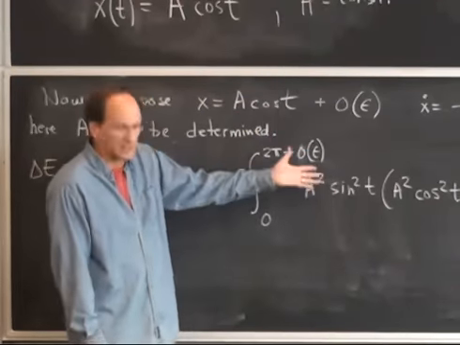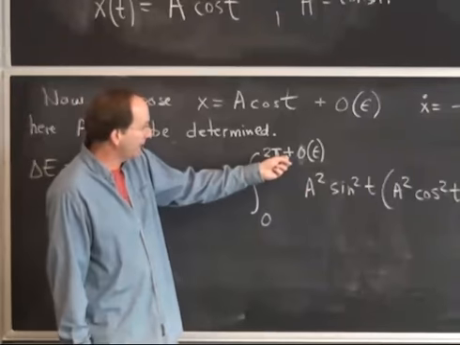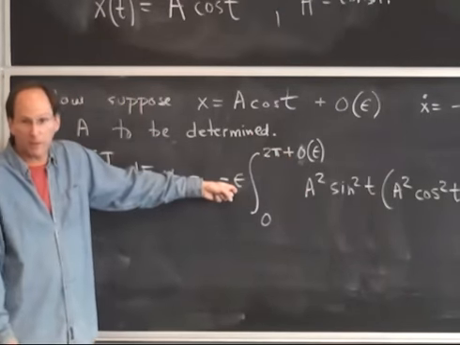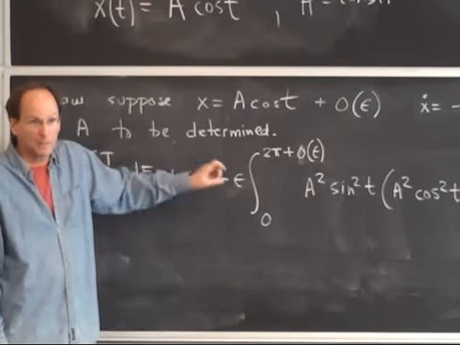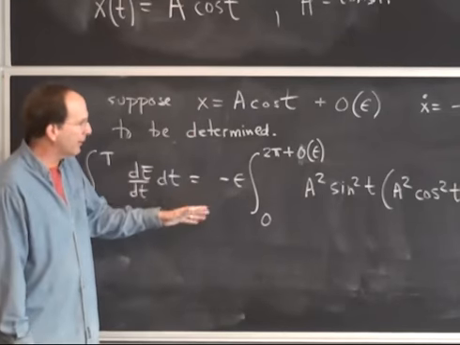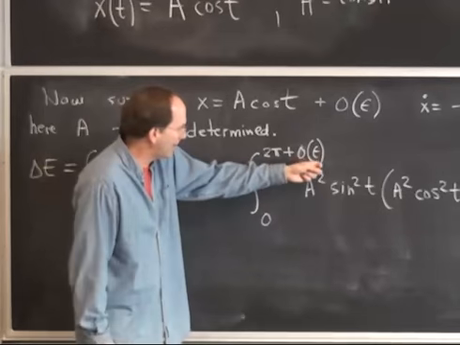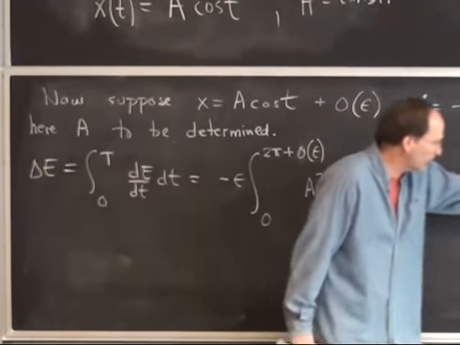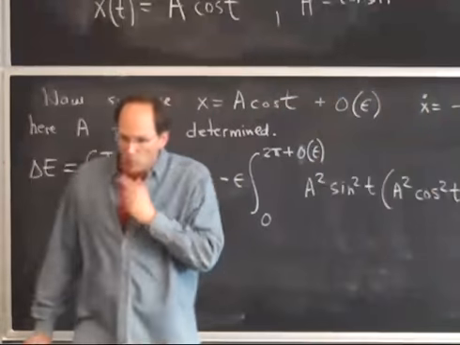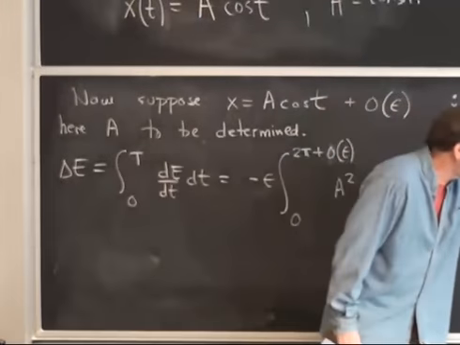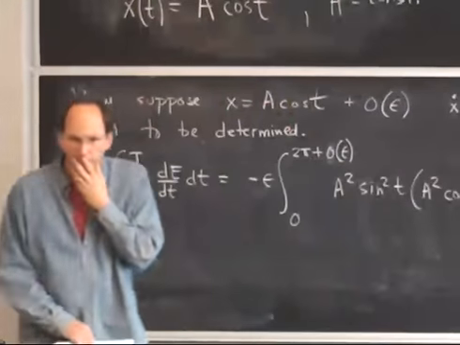When you multiply things out and square, plus the fact that you have the period a little bit wrong, plus the fact that the whole expression is multiplied by minus epsilon, if you keep track of all that, the worst error you're making is going to be of order epsilon times these order epsilon errors in the other things. It'll be order epsilon squared. So what I'm trying to say is that this is the dominant term of order epsilon. Then there will be a correction of order epsilon squared.